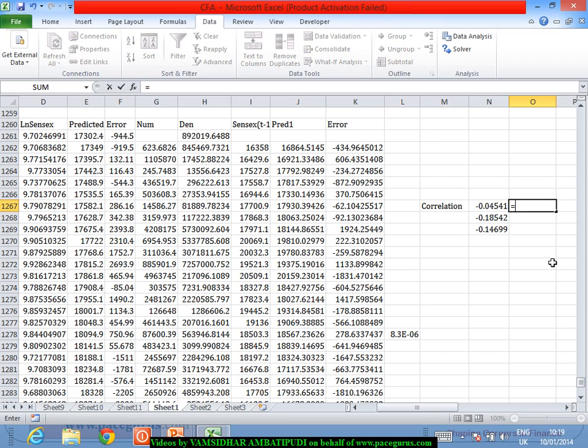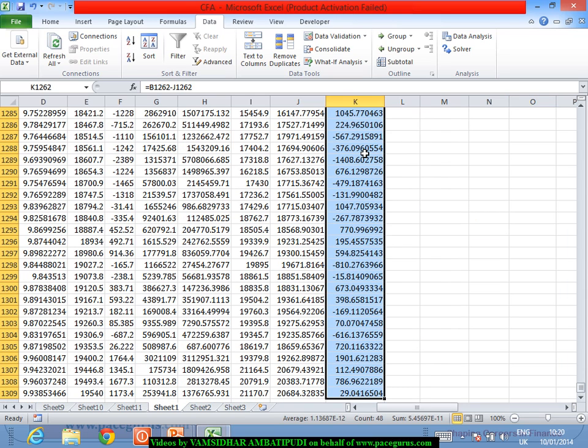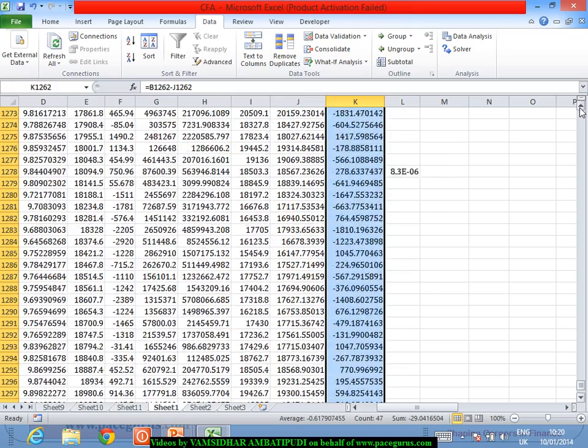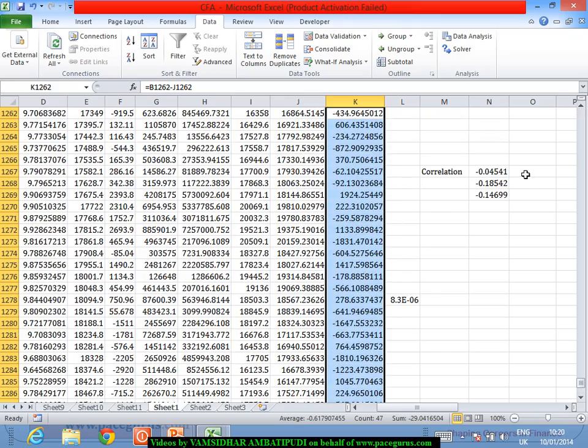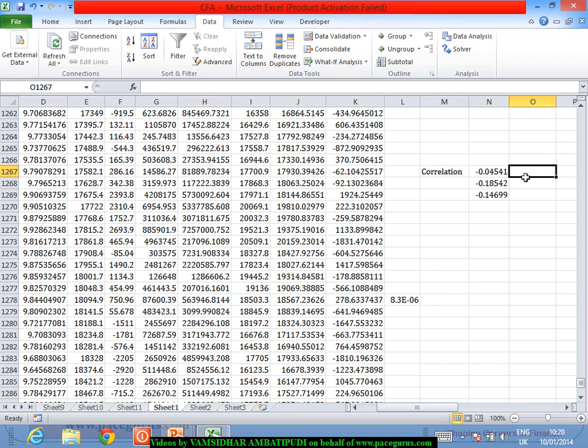Now let's say with a 1 period lag, what is the total sample size here? Let me check. This is 48 and we have used one lesser, so the sample size was 47 for a 1 period lag. For a 2 period lag, the sample size is 46. So I'll divide this by square root of 1 by 46.